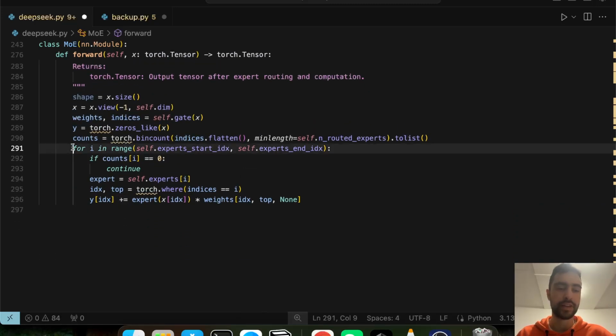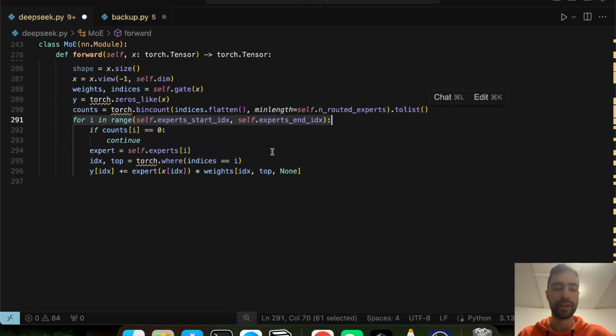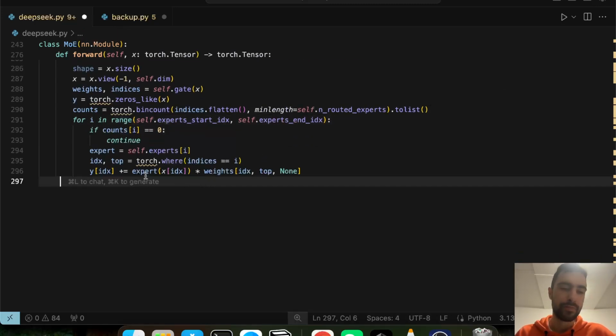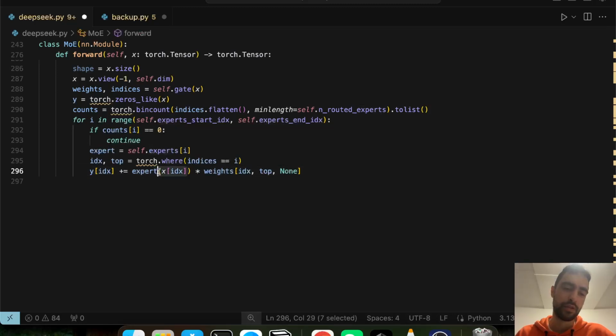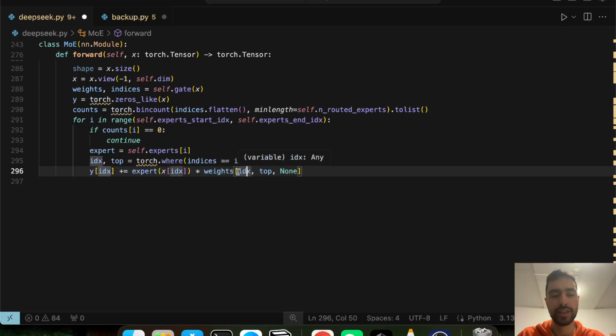You can check here the number of the shared expert, the routed expert, sorry. So we pass the input through the expert and weight it properly. So it will be weighted by the gating value, if you remember. And this is just to select the weight using index and top k.